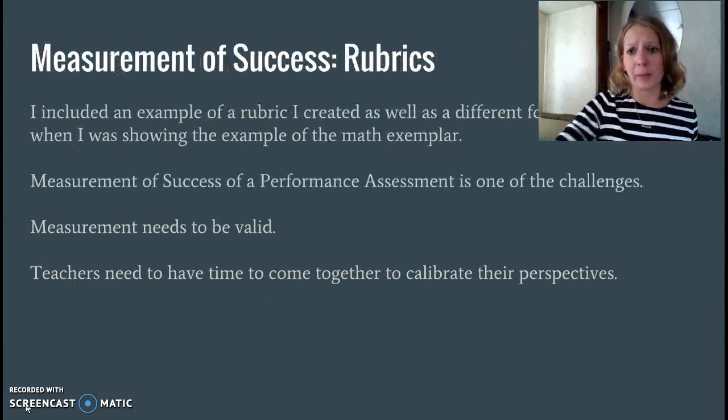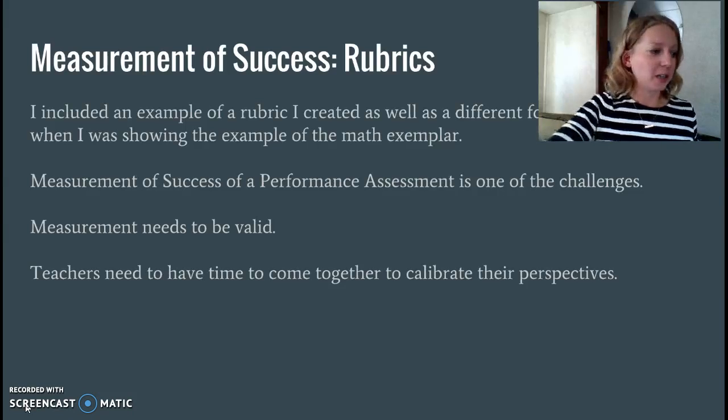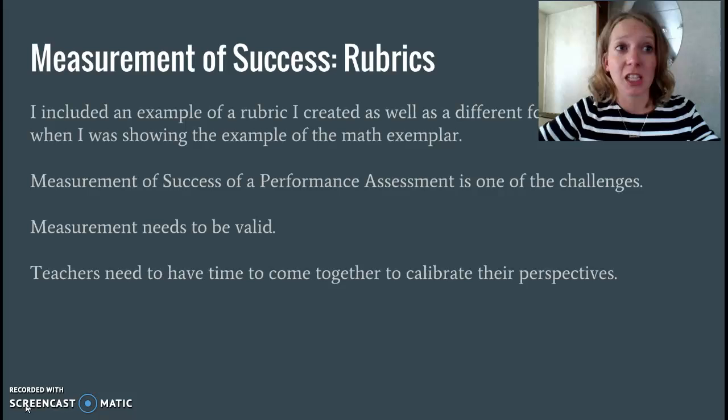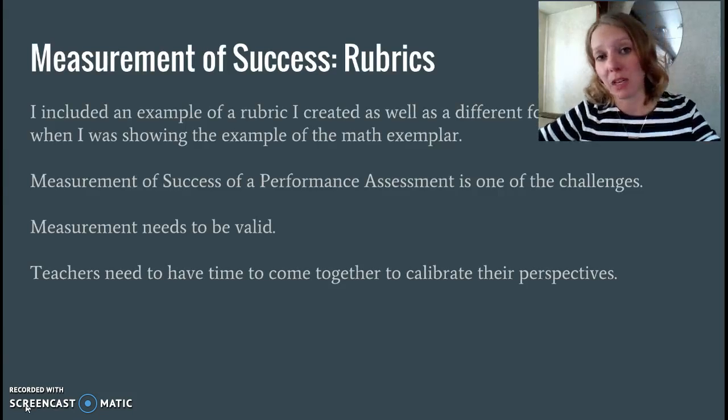Now, I did include an example of a rubric earlier, but the measurement of success of a performance assessment is one of the challenges, and it's important that we make sure that the measurement is a valid representation of the student's performance. We read in Chapter 2 that people who study tests fear the potential error that performance assessment can offer.